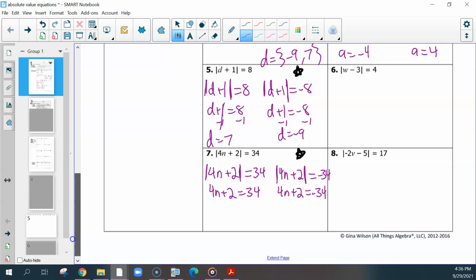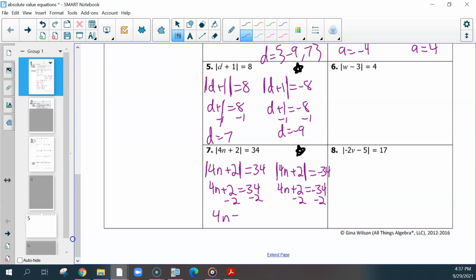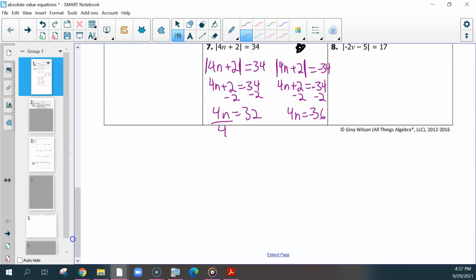So I need to get n by itself, but I need to get rid of the 2 first. So I have 4n equals 32 and 4n equals negative 36. Divide both by 4. I have n equals positive 8 and n equals negative 9. So my solution set would be negative 9, positive 8. Hopefully this is making sense so far. It's just like solving equations, but again with a twist.